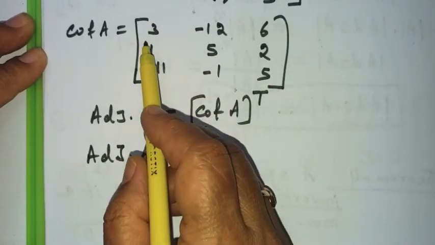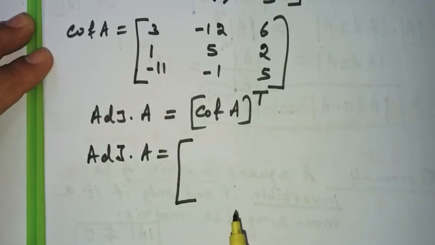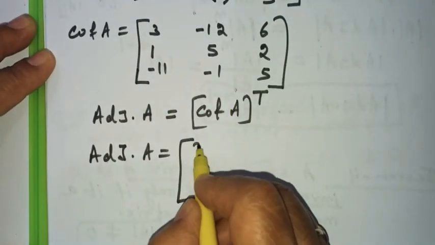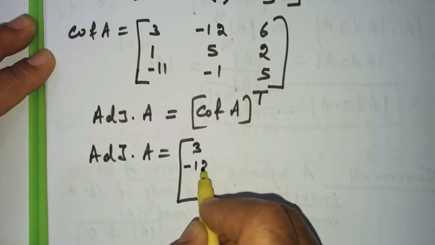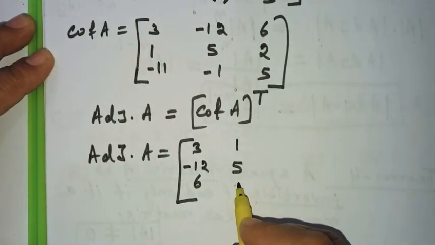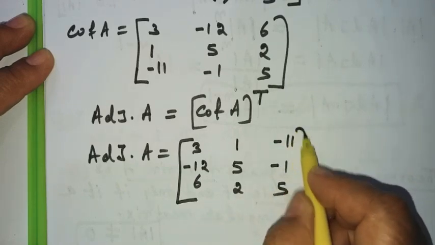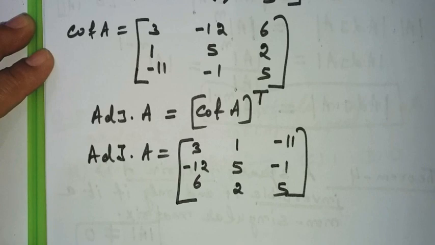I read any row and write it in the form of a column. We all know how to take the transpose. So this is 3, minus 12, 6, 1, 5, 2, minus 11, minus 1 and 5. So now students, we have learned how to calculate the adjoint of a square matrix.